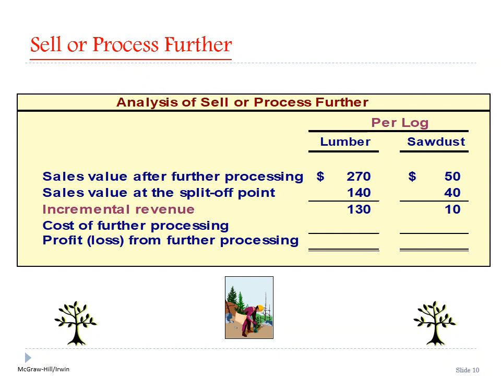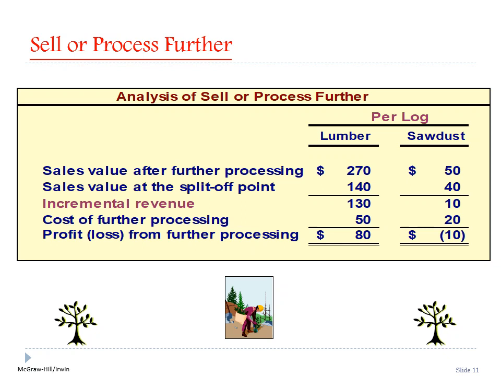So the incremental revenue will be 130 for lumber and $10 for sawdust. We are gonna compare this incremental revenue with the incremental costs, that cost of further processing, this cost that incurred after the split of point to make our decision. Let's see the next slide.